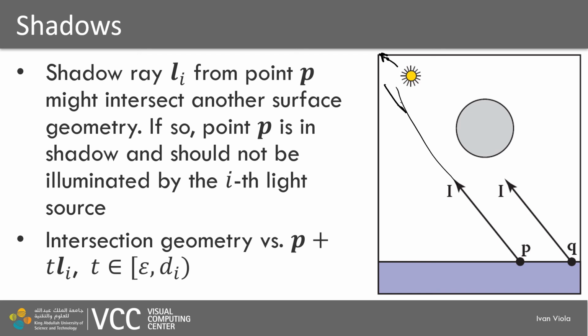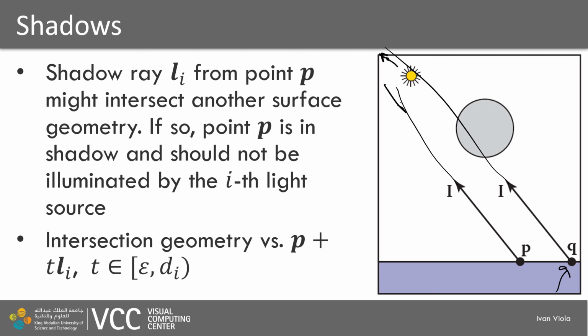But for the point Q, there is an occluder in between, and that one will block the contribution of that light source to the surface position Q. So we should not perform the illumination there for the point Q from this light source, which means that the point will be in shadow.